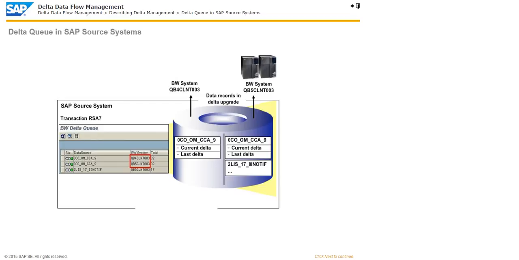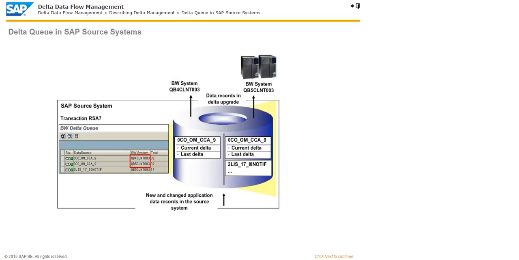The Delta Q is a data store for new or changed data records for a data source that have occurred since the last data request. The new or changed data records are either written to the Delta Q automatically using an update process in the source system or by means of the data source extractor when a data request is received from the SAP BW system. Details will be provided later.